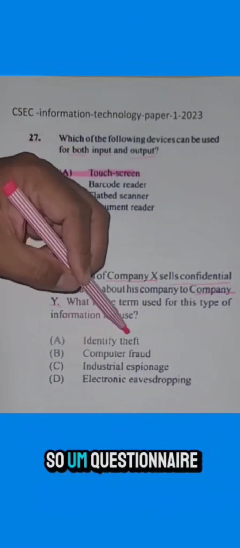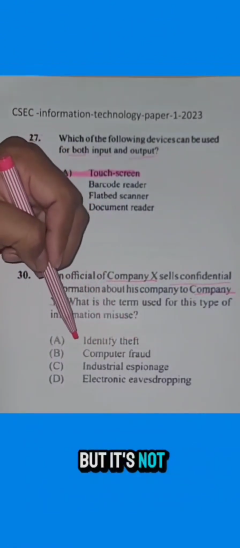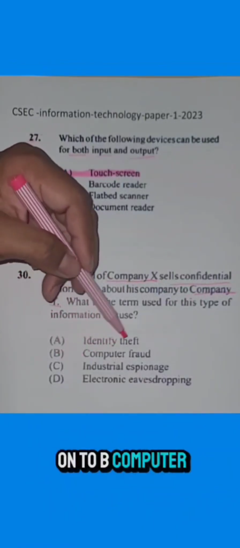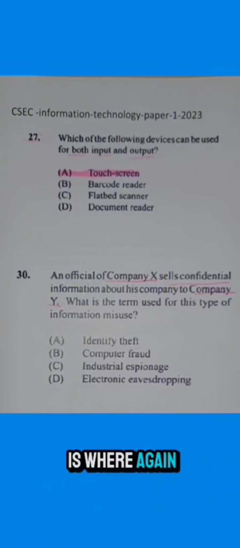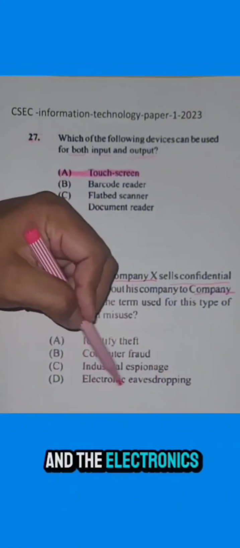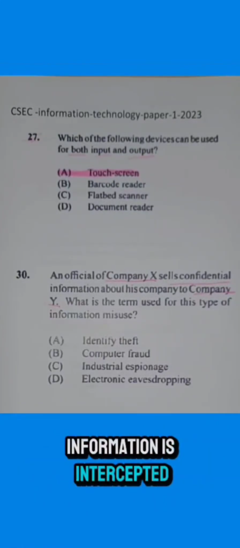So option A sounds very similar, but it's not. Let's go on to B, computer fraud. Computer fraud is where, again, information is being manipulated by another person to pretend to be someone else, or to misrepresent information. And D, electronic eavesdropping, is where information is intercepted.